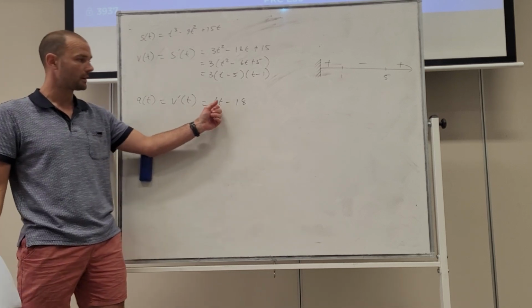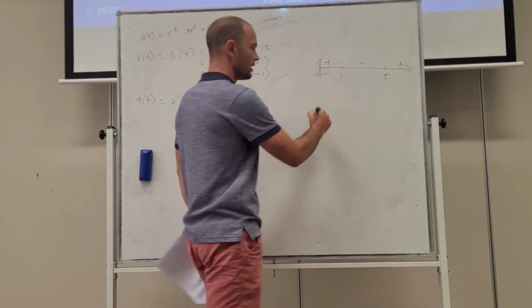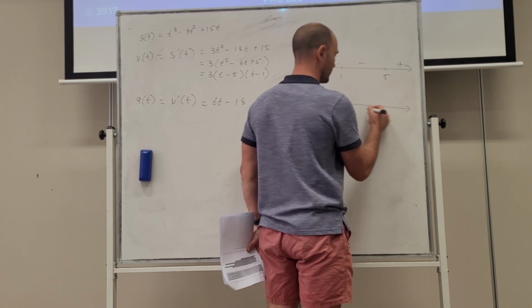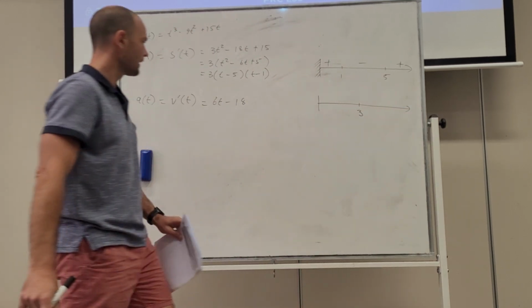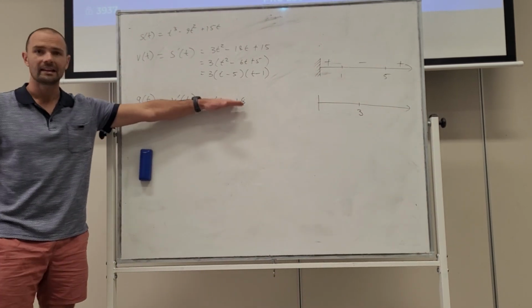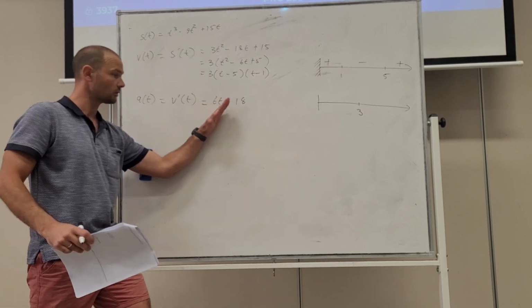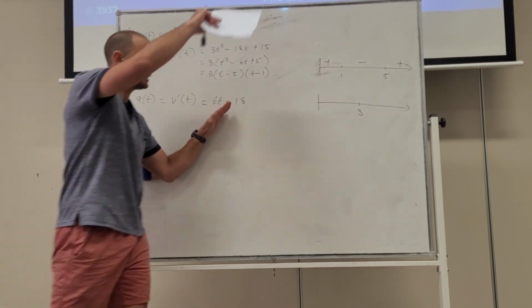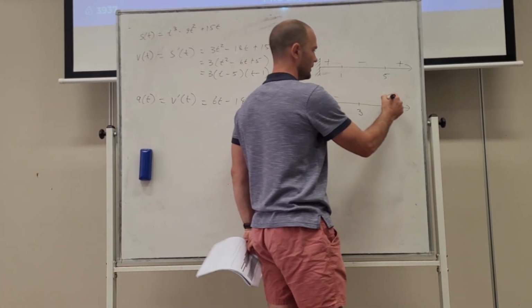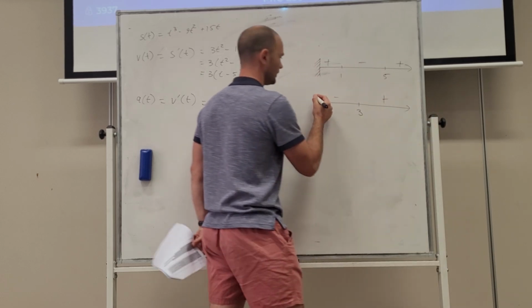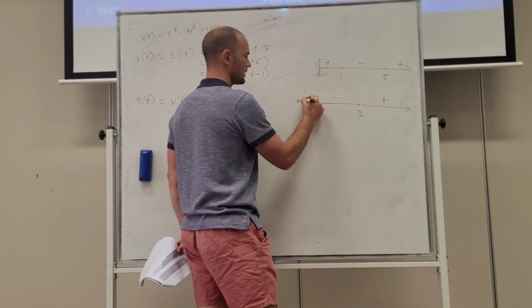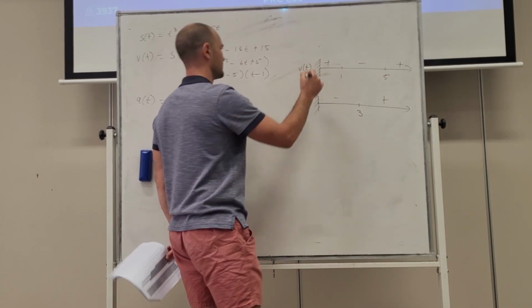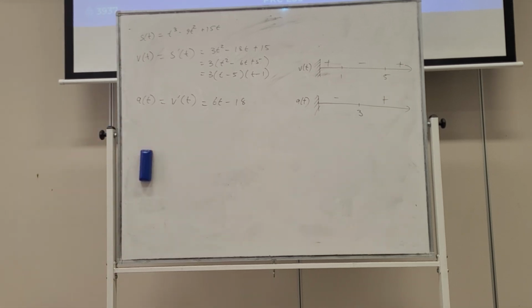If we put the number 3 into it, it would make it equal to 0. So the acceleration sign diagram has a root of 3. It has positive slope, so it goes from beneath to above: negative, positive. Now I'm just going to label both of these. This is A of t, and this is V of t. So that's part A complete.